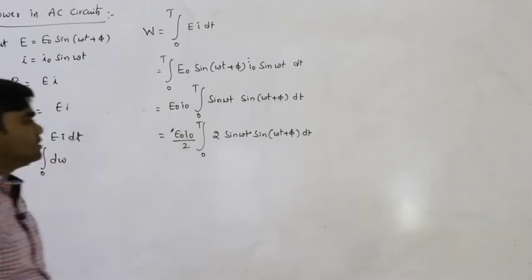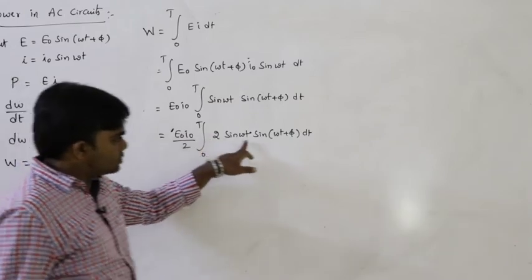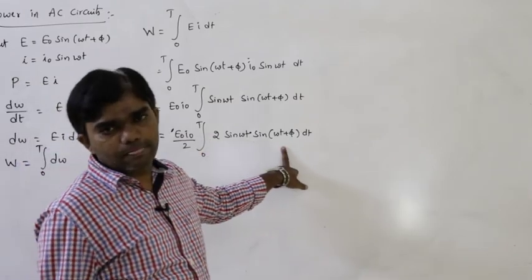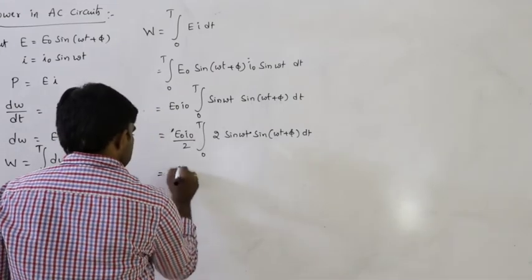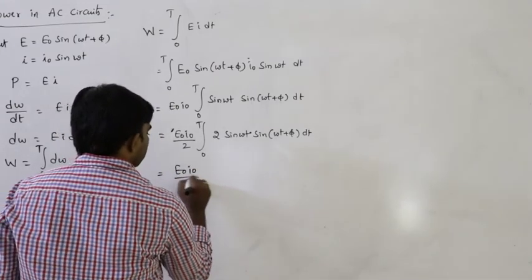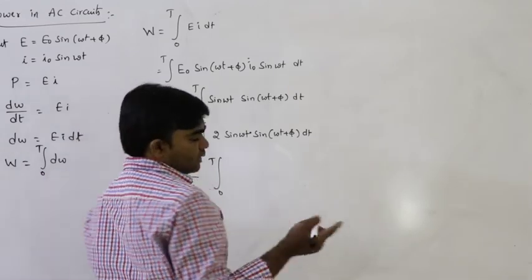So this is the general situation. I am multiplying and dividing with 2 for the 2 sin A sin B formula.